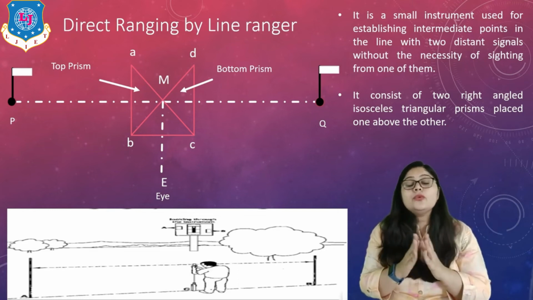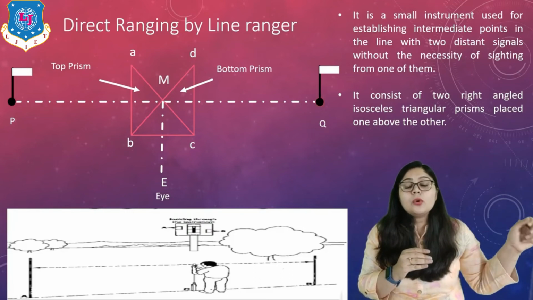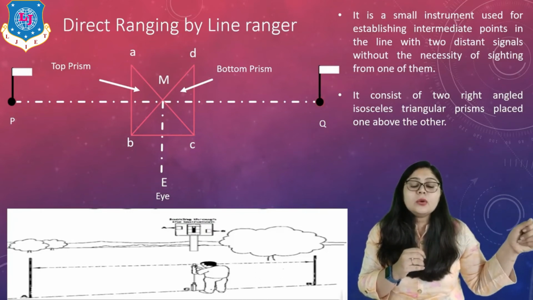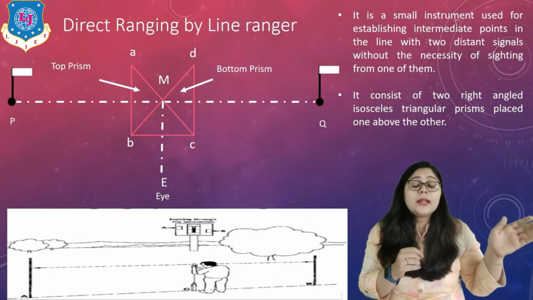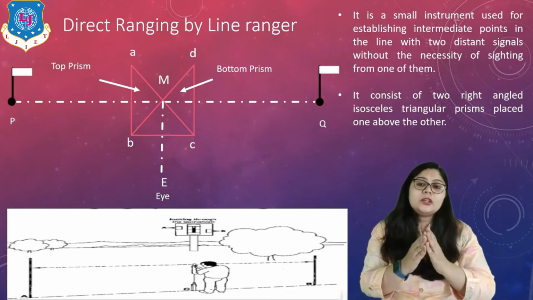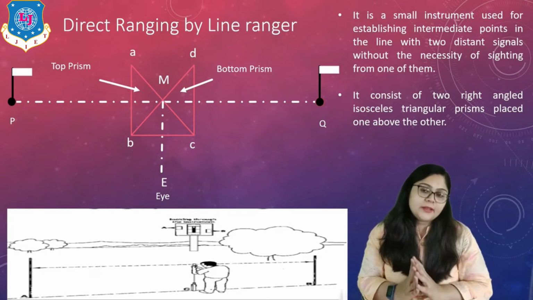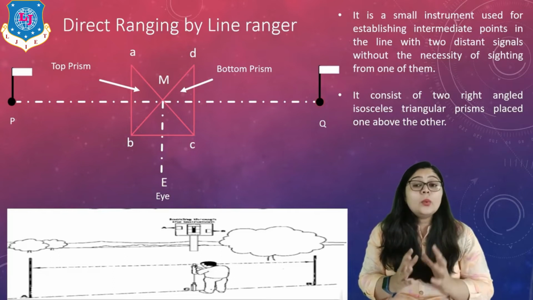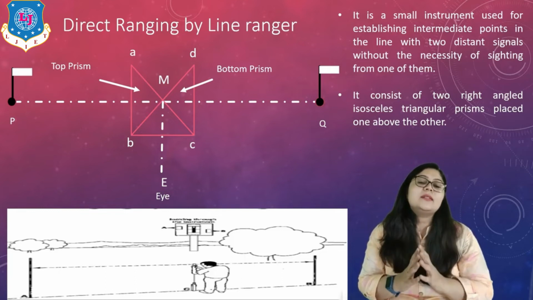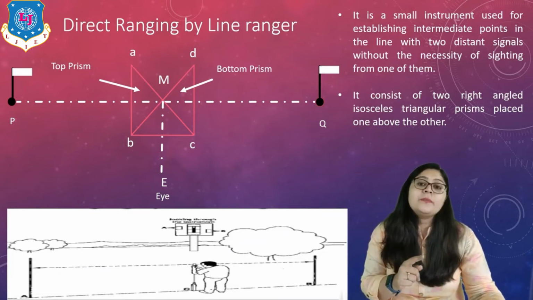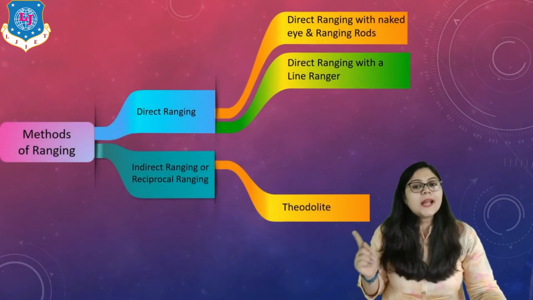Or else we have to instruct the person holding that particular ranging rod to adjust left or right so that the reflection of both ranging rods is in one line in the top and bottom prism, right? This is where the precision comes in, while through eyes accurate results are not there. So this is the method for line ranger, which we have discussed under direct ranging.